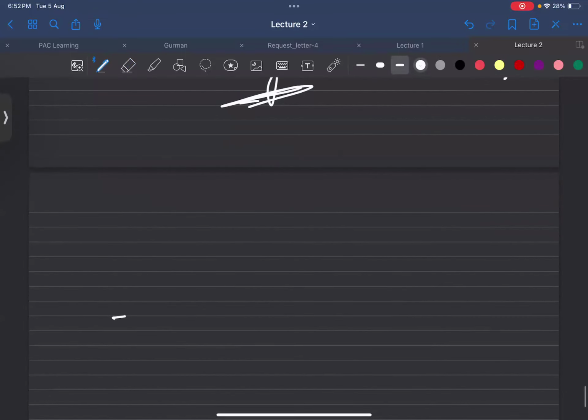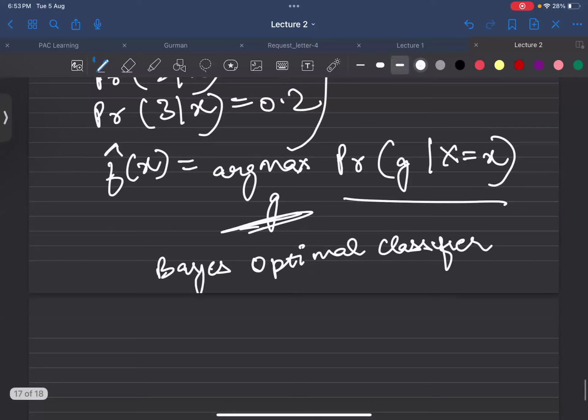This is basically called the Bayes optimal classifier: whichever has the highest probability, we choose.